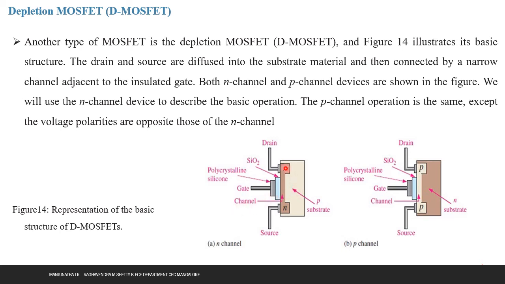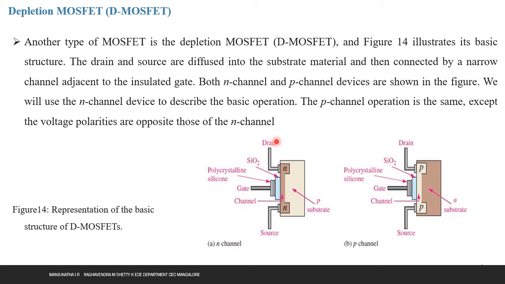In the E MOSFET, there is an N region here and here, and a P substrate, but there is no channel here. I'll repeat: there is no N channel here. But in the depletion MOSFET, this channel already exists at the silicon dioxide layer. That is one major difference between E MOSFET and D MOSFET, and we should understand it properly.